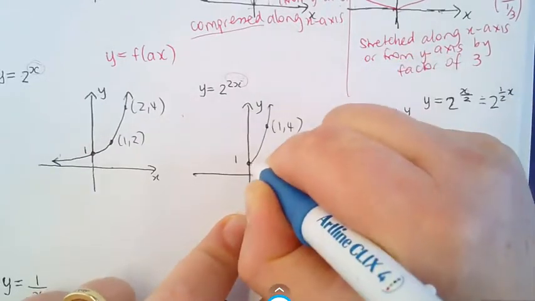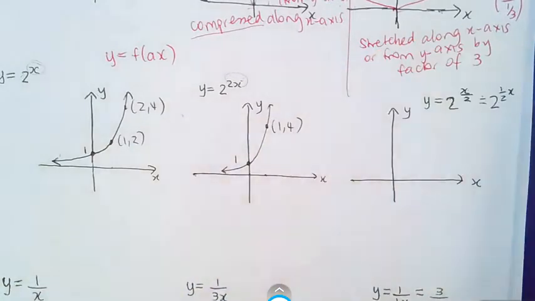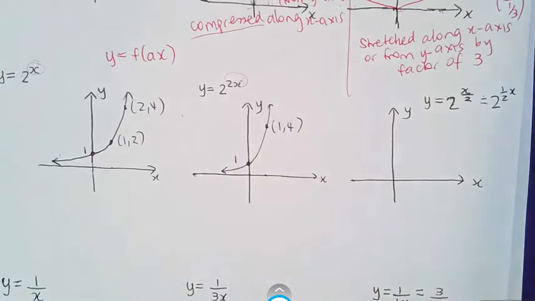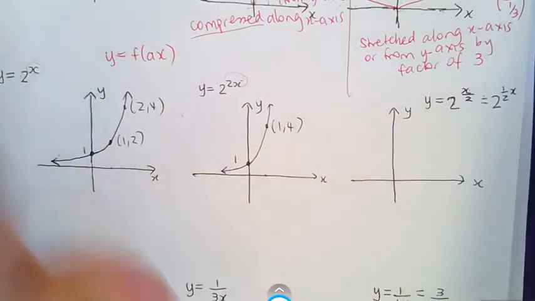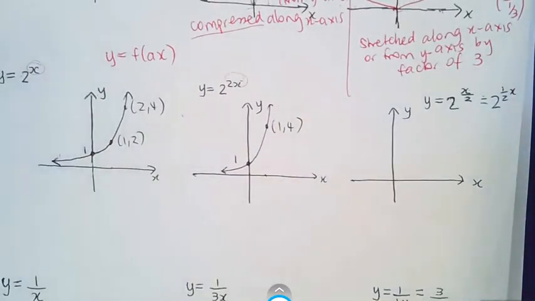I'm not doing the next point. Now, it says stretched, we think from our rule, by a factor of a half from the x-axis. No, not from the x-axis, from the y-axis or along the x-axis. Horizontal is along the x.